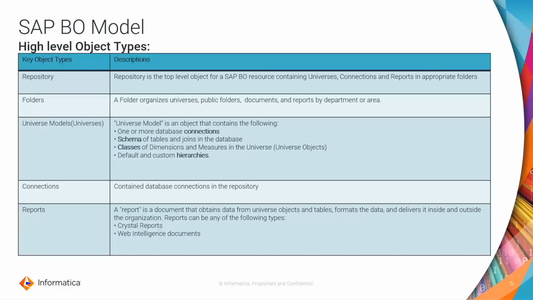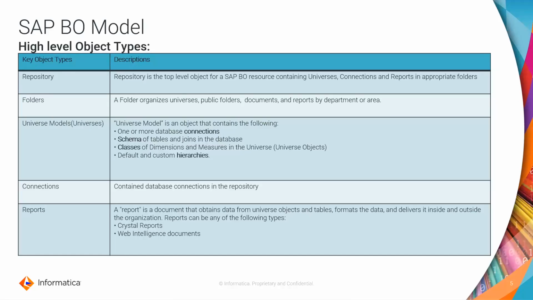And the next key object is universe model, or universes. A universe model is an object that contains the following: one or more database connections, schema of tables and joins in the database, classes of dimensions and measures in the universe, and default and custom hierarchies.